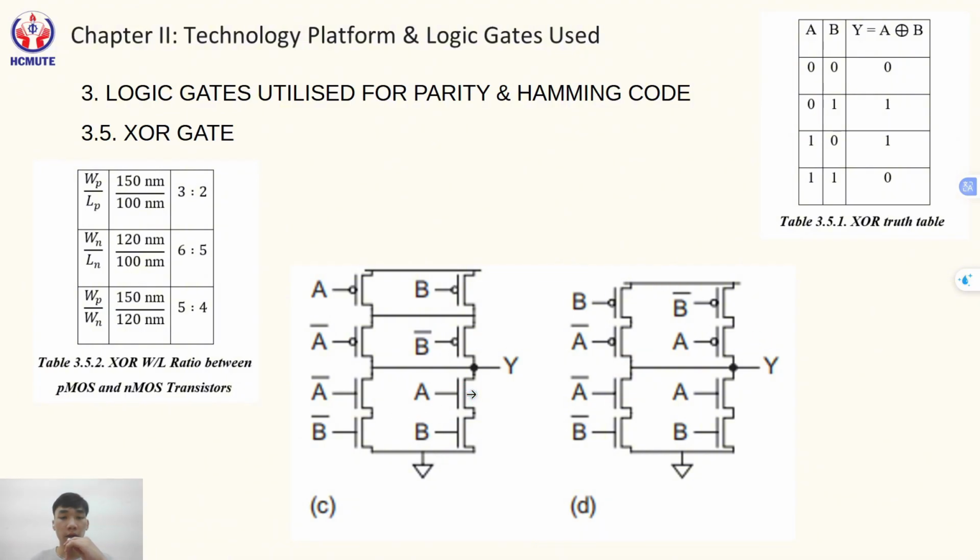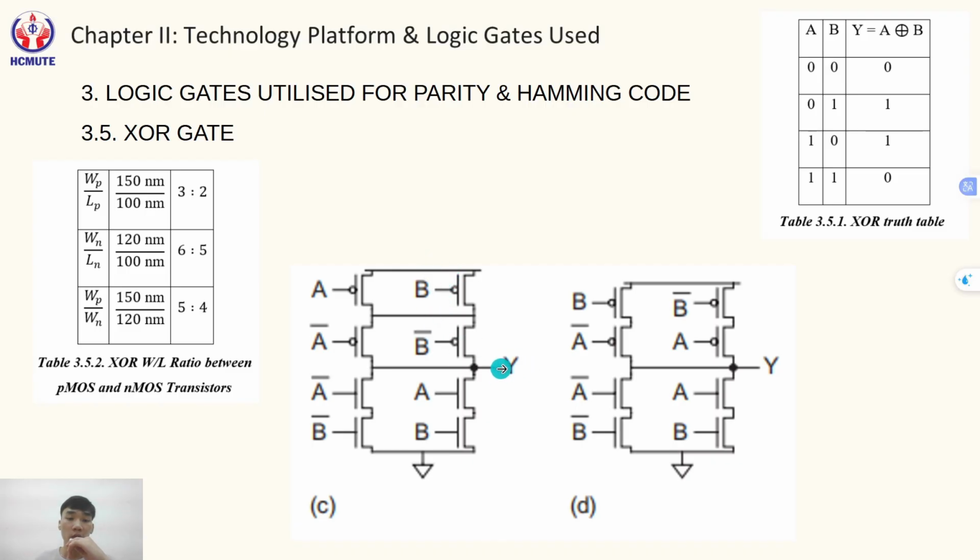The two-input XOR gate consists of 4 PMOS in the pull-up network and 4 NMOS in the pull-down network. In the pull-up network, two transistors A and B in parallel connect in series with two transistors A bar and B bar in parallel. When A is different from B, there is a complete path to VDD, producing Y equal to 1.